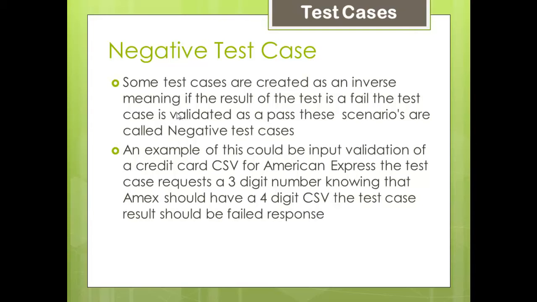That it only accepts a numeric value. So you'd run a negative test case, and if you type in 3 digits into the input box, your expected result should be that it should fail and give you some type of warning message saying, it should be 4 digits or whatever the case is. Okay?